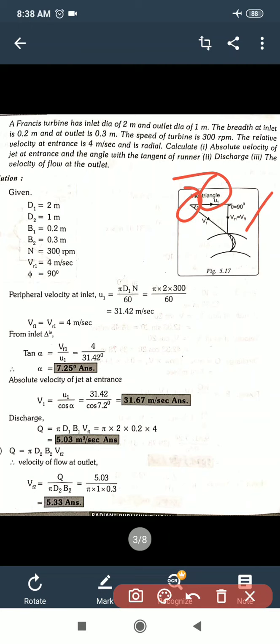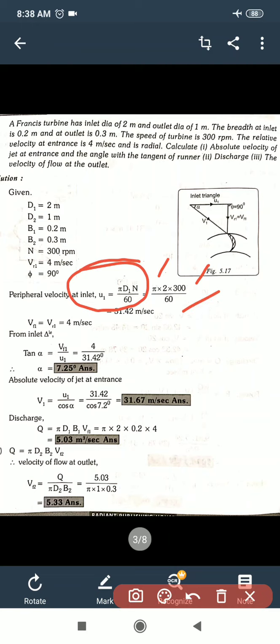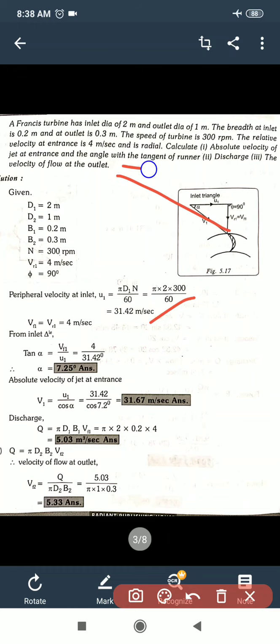We know the general formula to find the u1 value: pi d n by 60, the peripheral velocity of that runner. Substitute the d1 value 2 and n value 300, divided by 60, and you will get the value 31.42 meter per second. Coming to alpha, from this triangle only find the alpha value.